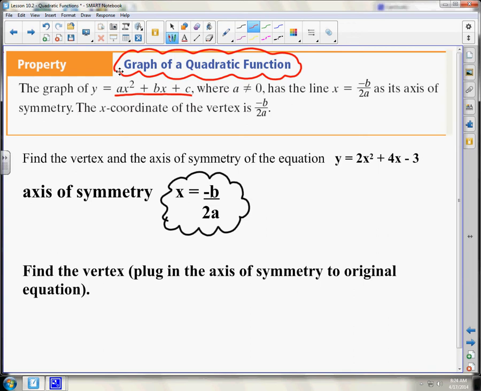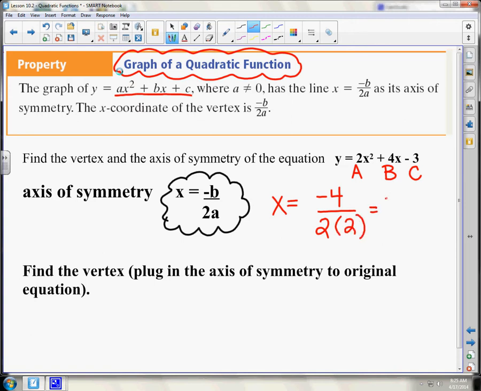So remember that when you have a quadratic function, the first one next to the x squared is a, the one next to the x is b, and the number by itself is c. So when I go to do this equation, I'm going to say x equals negative 4, because b is 4, divided by 2 times 2.